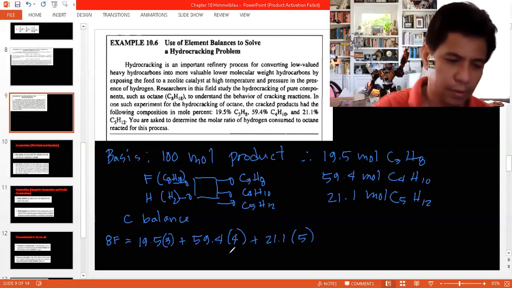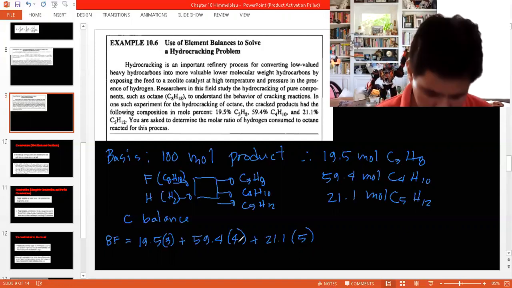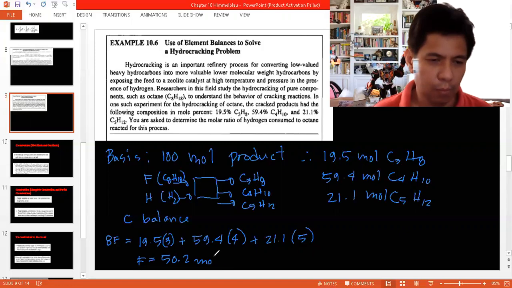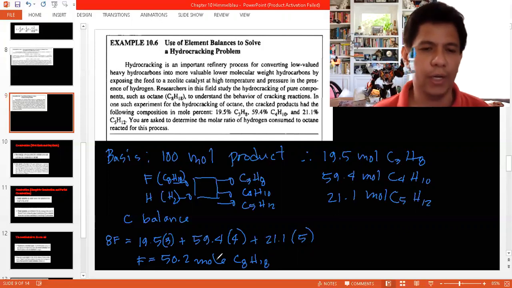So F is equal to 50.2. That means you have 50.2 moles of octane, C8H18, for every 100 moles of product.